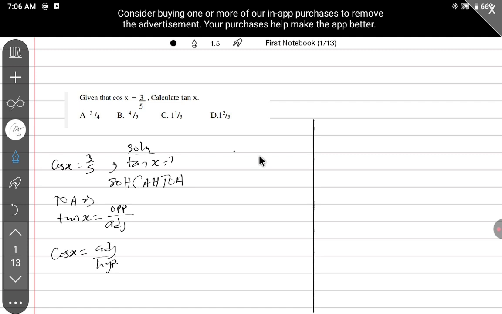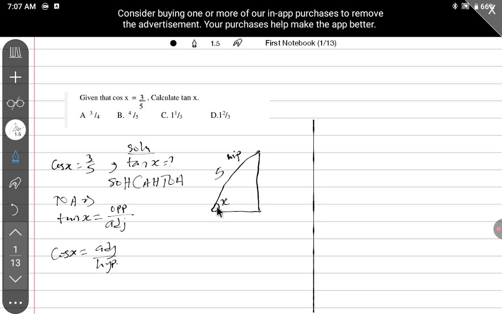So let's say we have our right angle triangle here, and this is the larger side of it, which is our hypotenuse. In a right angle triangle, the larger side is the hypotenuse. Let's say this angle here is the angle S. The side that faces this angle is the opposite.